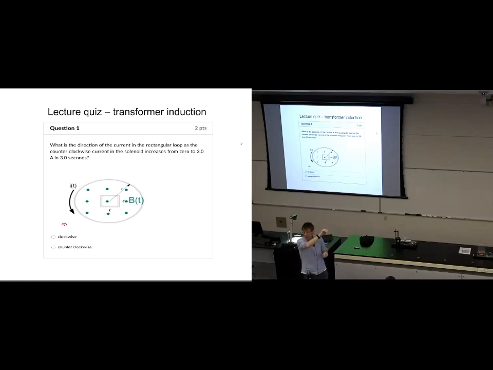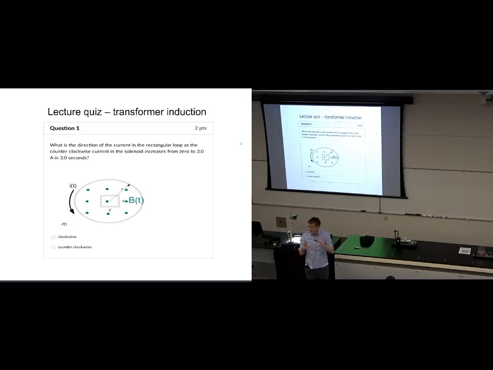And they're curling clockwise. And so we would get a clockwise current in that inner rectangular coil if we switched on a counterclockwise current in the outer circular loop.